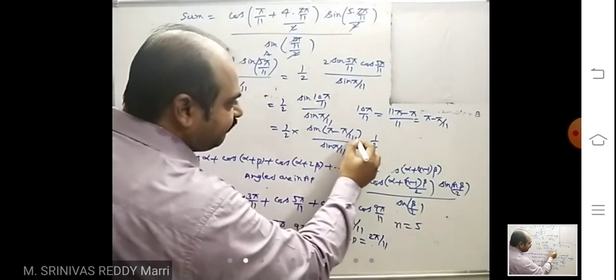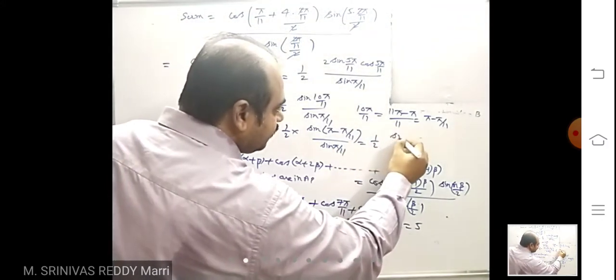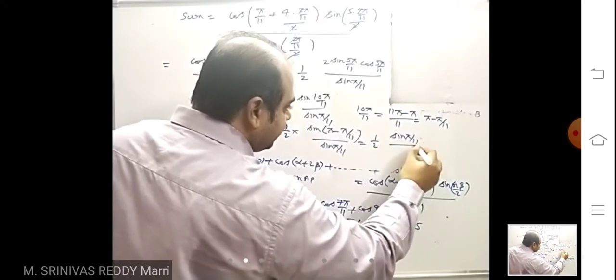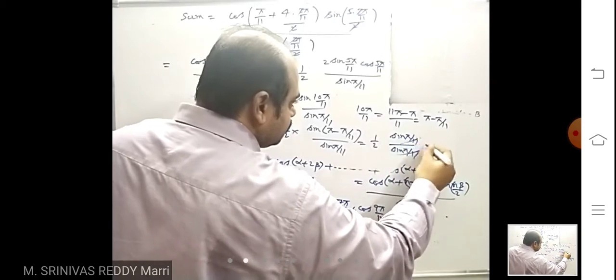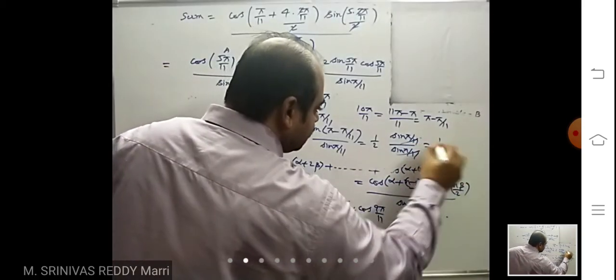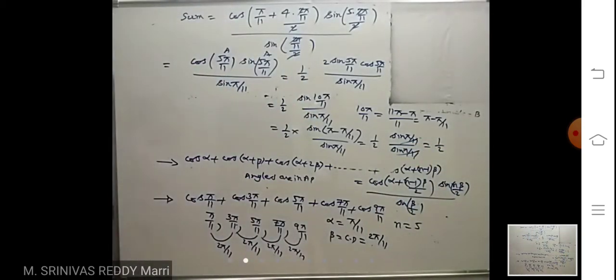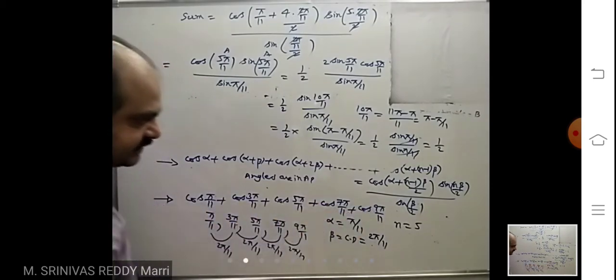That means sine of 180 minus theta is nothing but sine theta, so this is 1 by 2. Like that, just use the formula. 5 cosines are there.